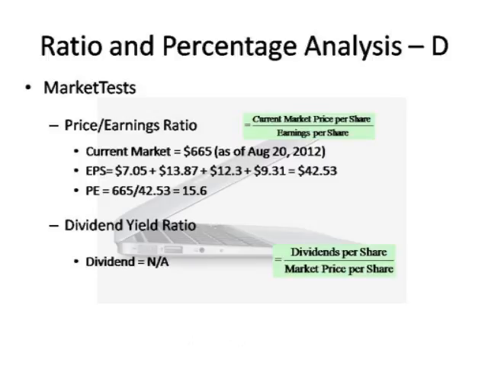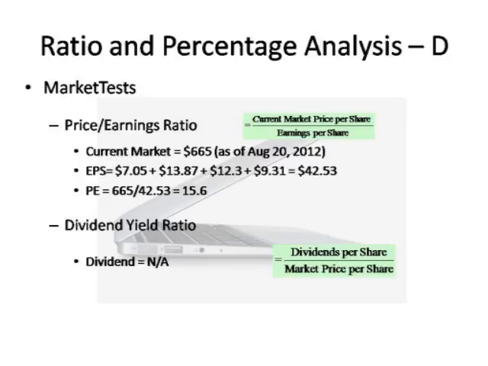On the next slide, we do another test, which is the market test. This test needs market information, for which we choose the August 20th, 2012 closing market price as a reference. The first one is the price-earnings ratio, which is market price per share divided by earnings per share.